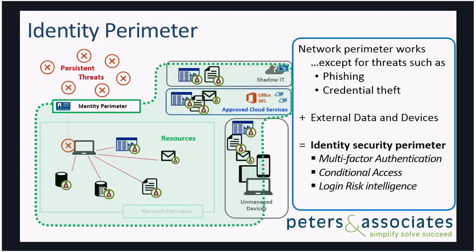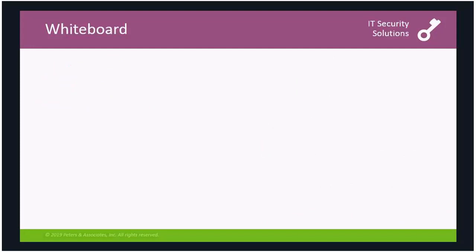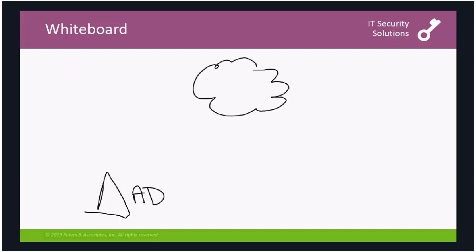And identity-related control happens with Azure AD plans. So let's whiteboard quickly what we're talking about here. First of all, everyone on-prem is likely running an Active Directory. Okay, and it's very likely that many of you have an Office 365 tenant.